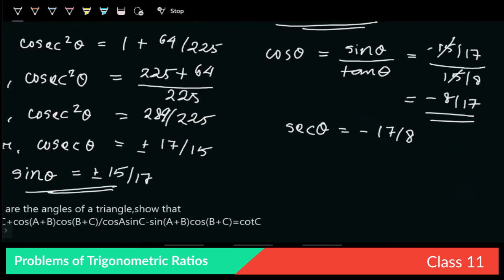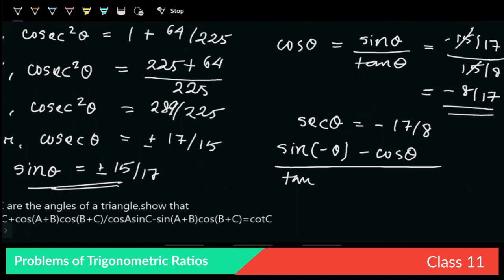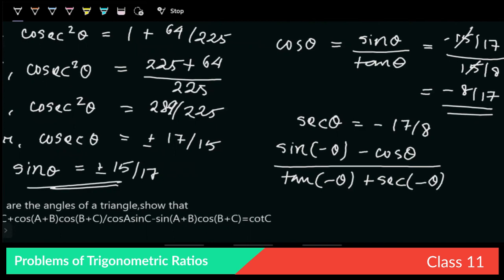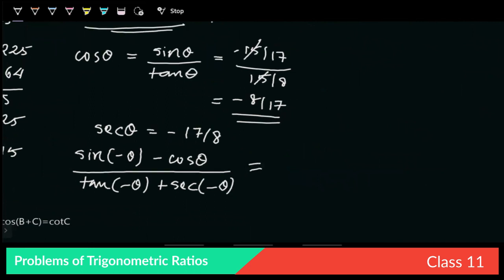Now we come to the sum that is given, that is sine of minus theta minus cos theta by tan of minus theta plus sec of minus theta. Okay, so we will solve.